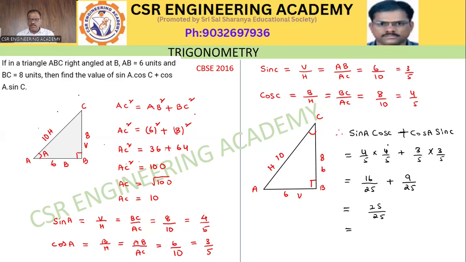So therefore, sin A cos C plus cos A sin C is equal to 1.